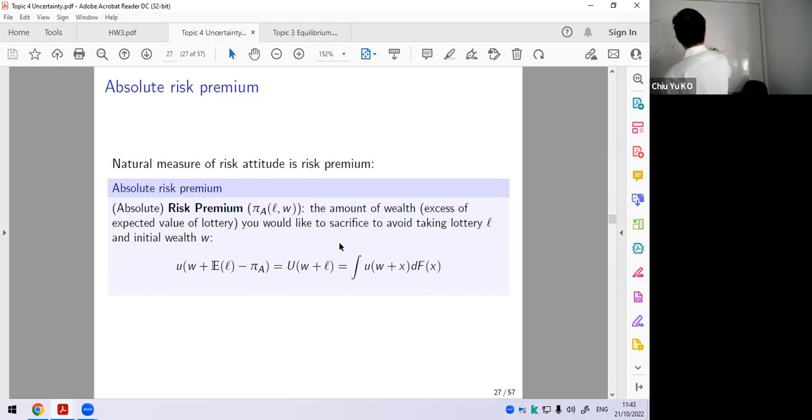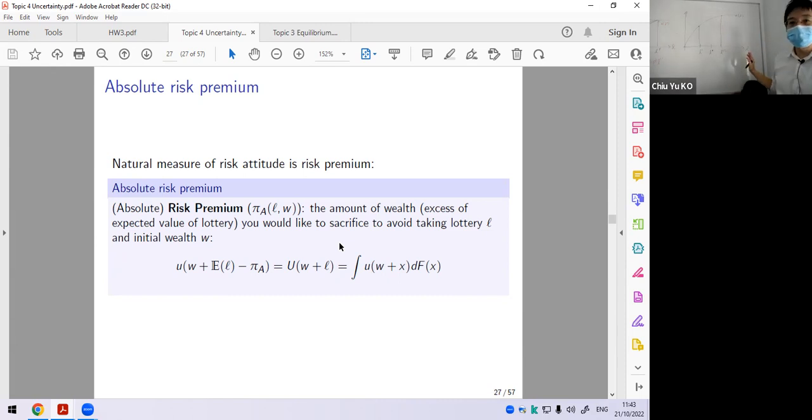And L star is the expected value, right? And I have this indifference curve, the utility curve, U. This is the utility of L prime. This is the utility of L double prime.